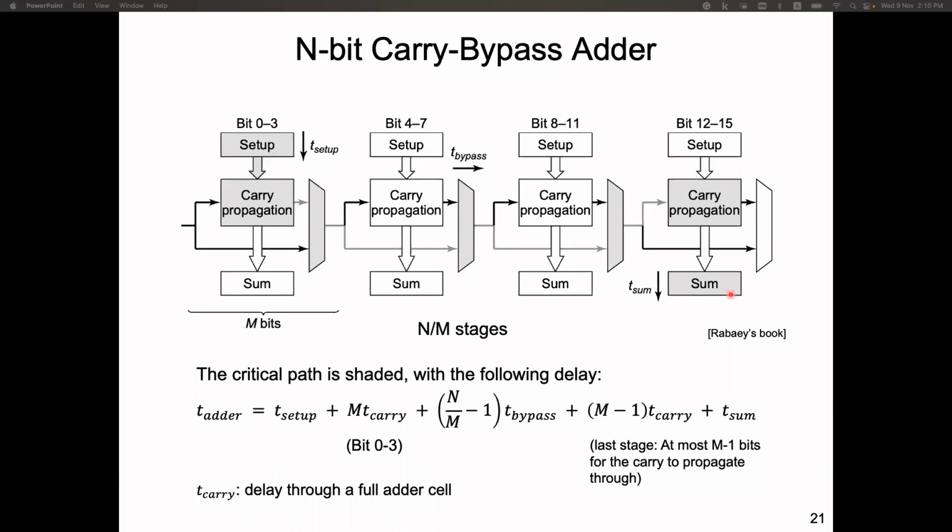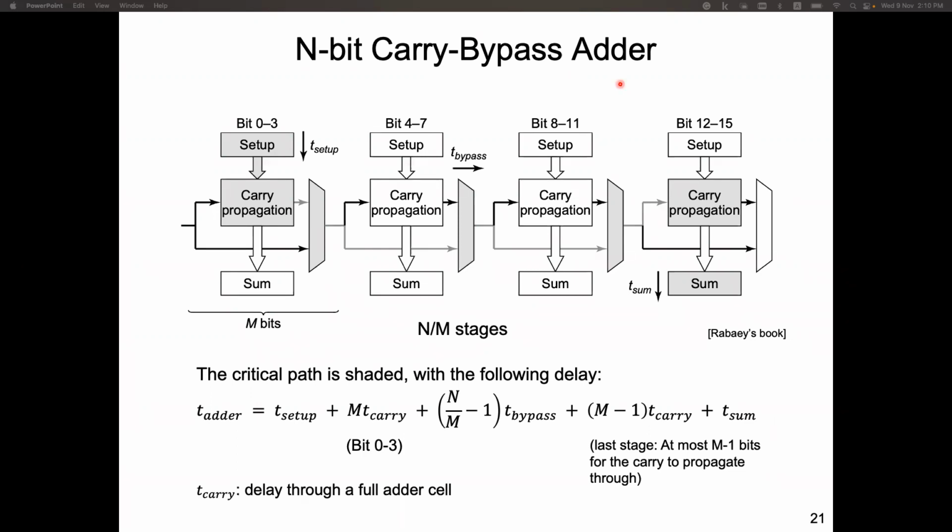Note that these 4 stages are operating in parallel, at the same time. They don't need to wait. The third group, you don't need to wait for the second group. The waiting case only occurs when the carrier in needs to propagate from bit 0 to bit 15.